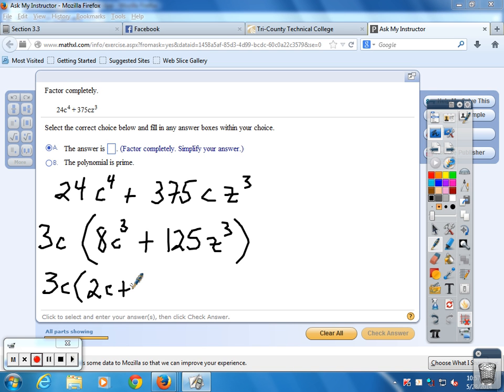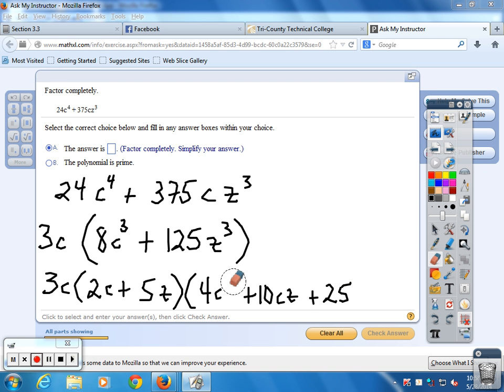What's the cube root of 125Z to the third? No, it should be squared. Sorry. And that should be finally.